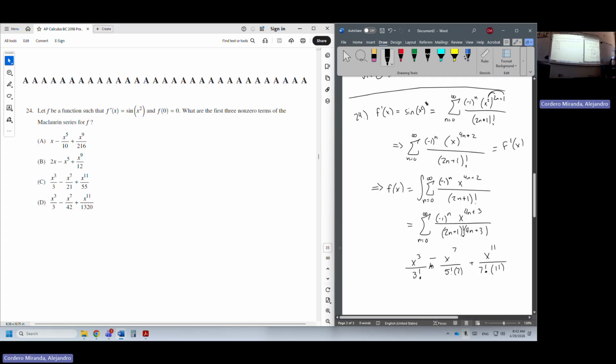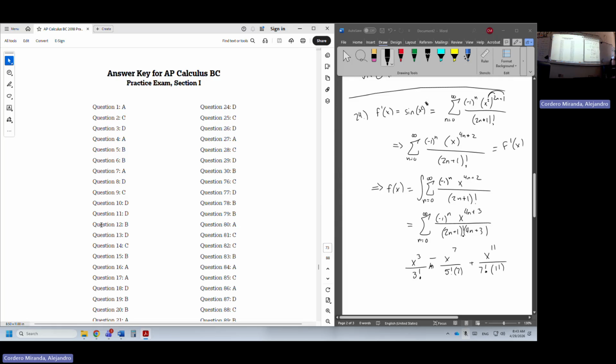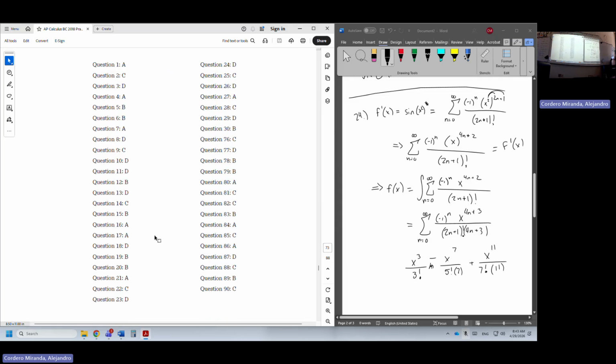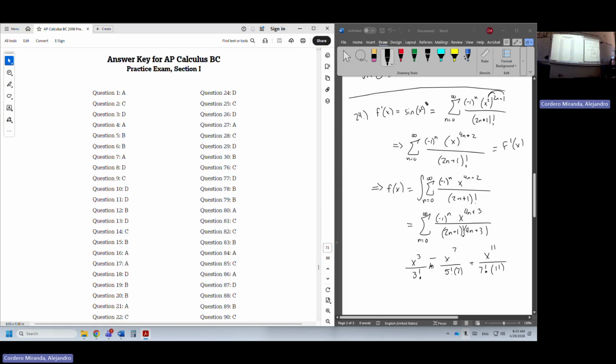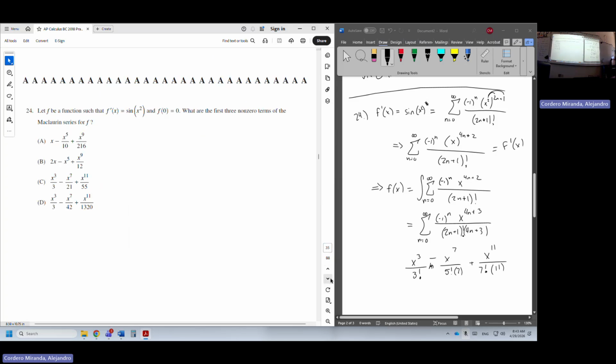What's the answer? D. Remember this is 24. Answer is D as in dog. D. This one, which is very close to mine, but I don't see what I did wrong.